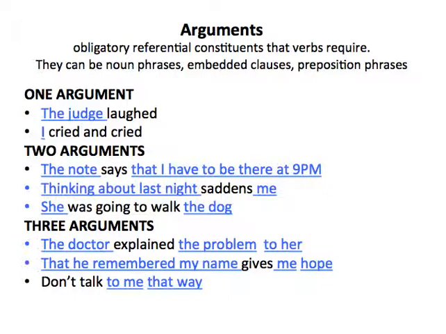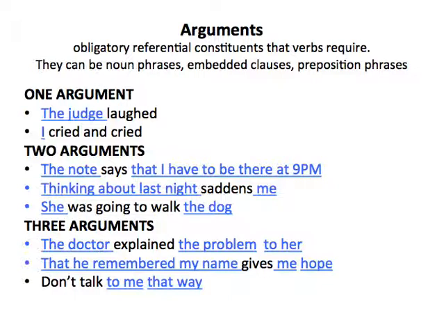That he remembered my name, okay, that is still the subject, even though it is a clause in itself. Gives, okay, and give can take two arguments. Gives me something, okay. Notice we can't just say gives me. We have to give something.